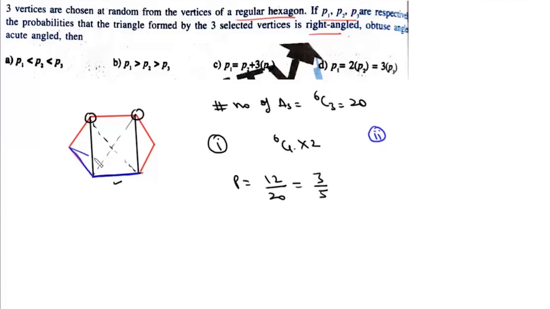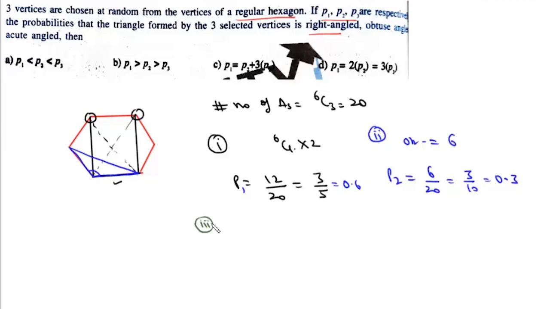Now we have already studied in consecutive selection along a circle that if there are n points and we have to choose r consecutive points, it can be done in n ways. So number of obtuse triangles will be simply 6. So this probability P2, first one's P1, will be simply 6 by 20, which is 3 by 10. Now this is 0.6 and this is 0.3.